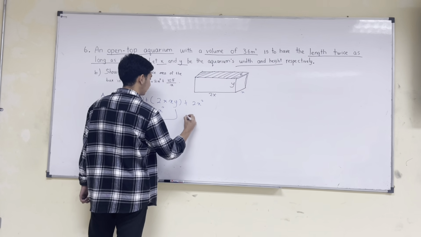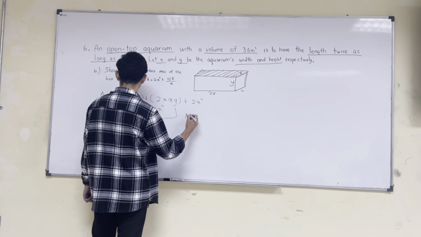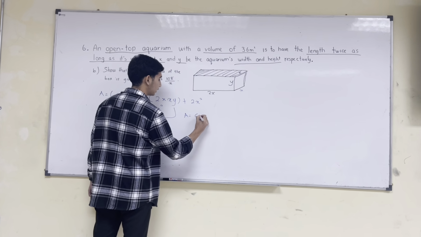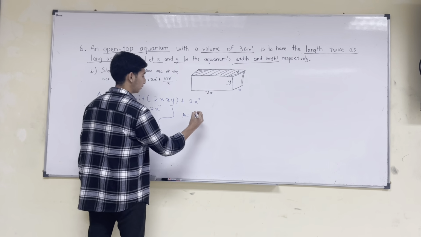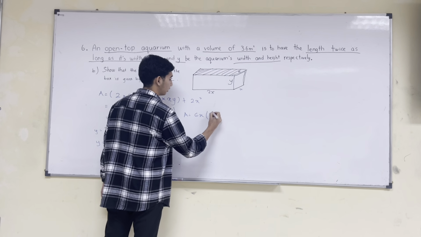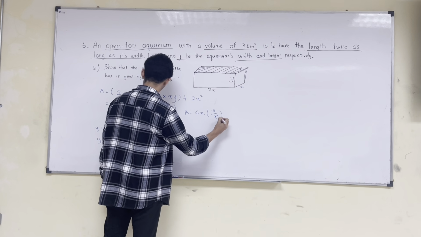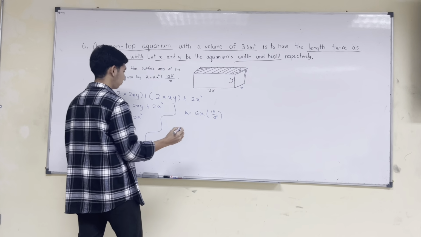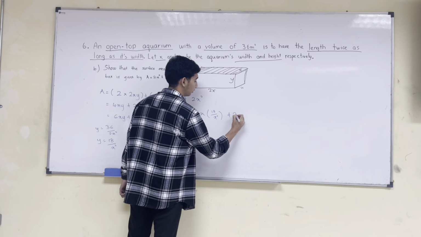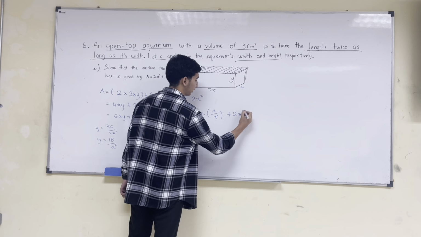A equals 6x times 18 over x squared plus 2x squared.